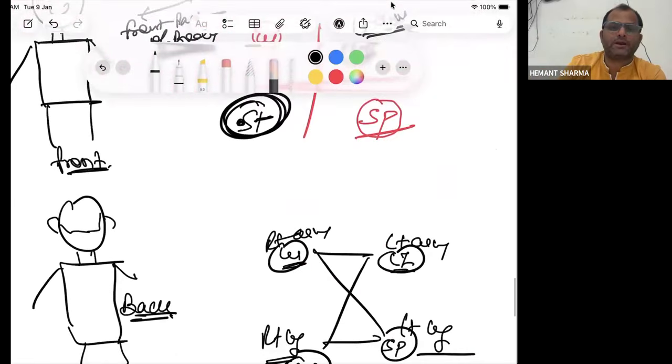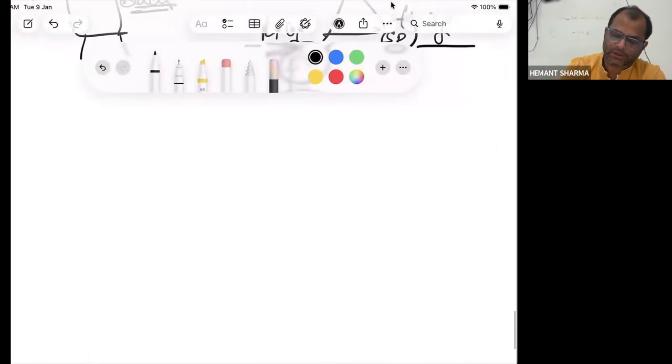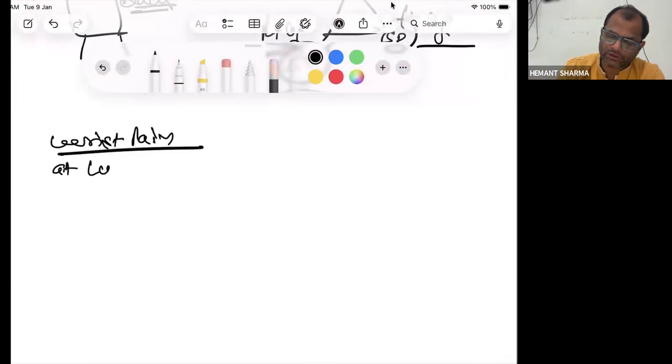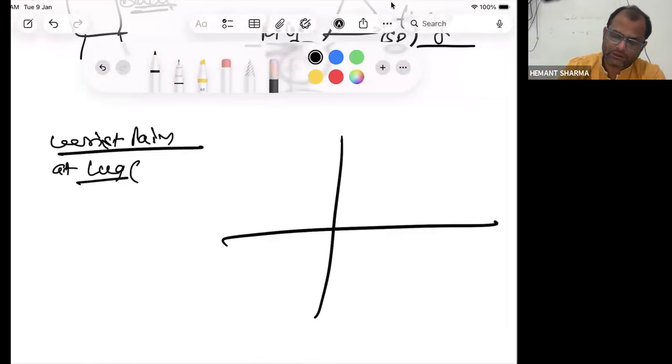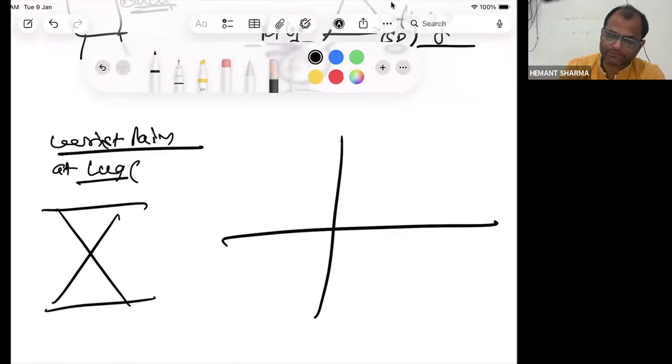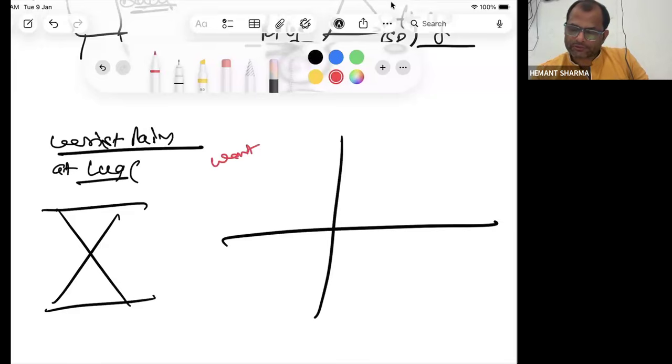So I will repeat here. The person is suffering with wrist pain at the location of lung 9. I will choose the cross pattern. First, I will start with a point on the opposite side. I want to treat here, so I will go in the cross.